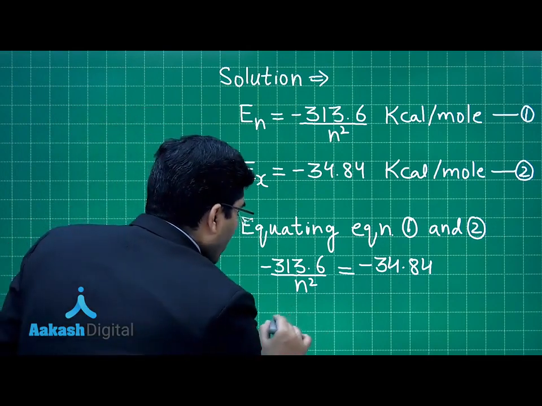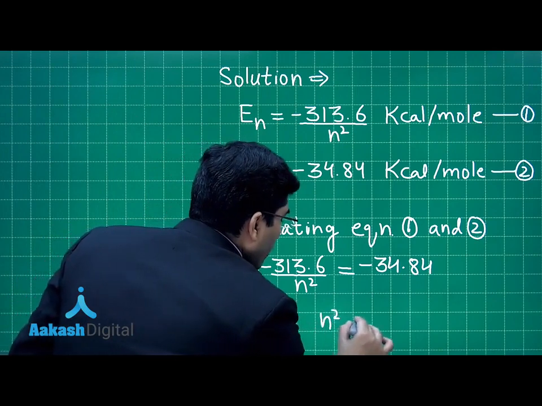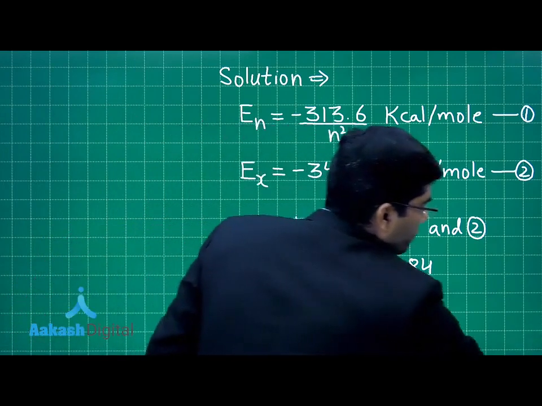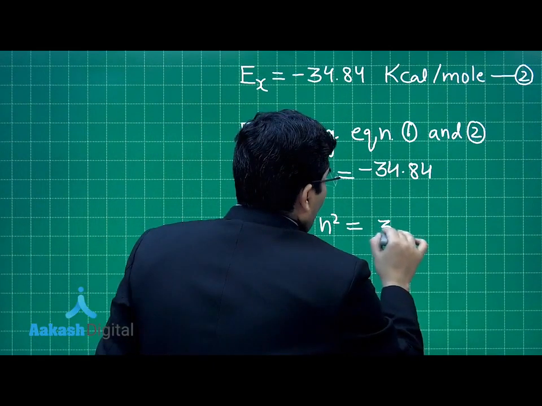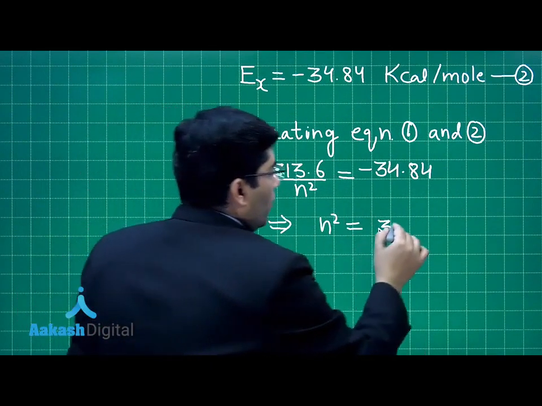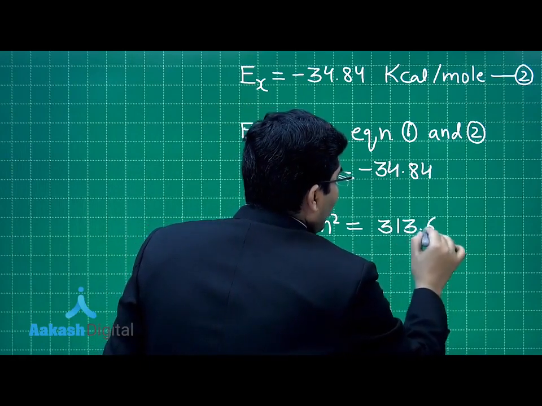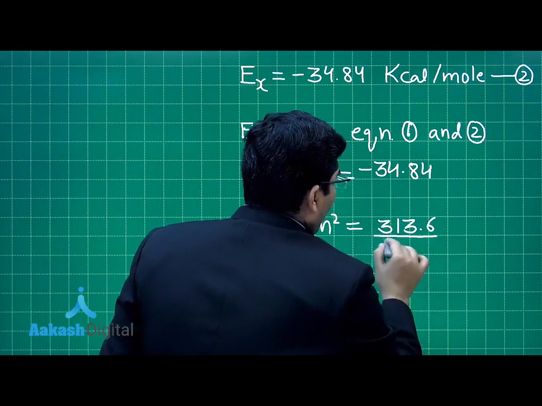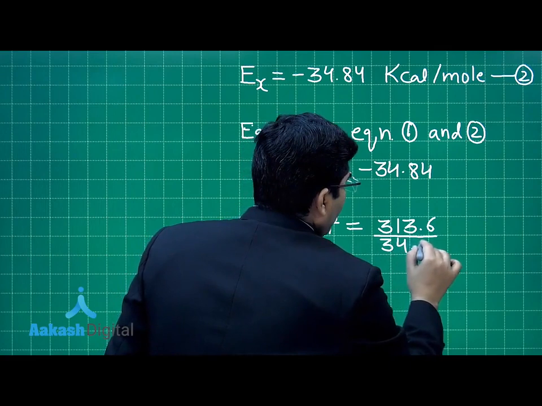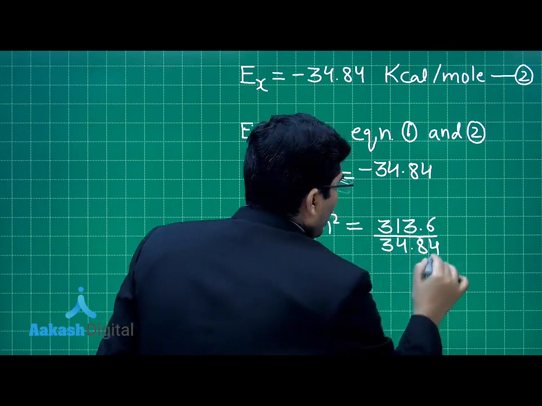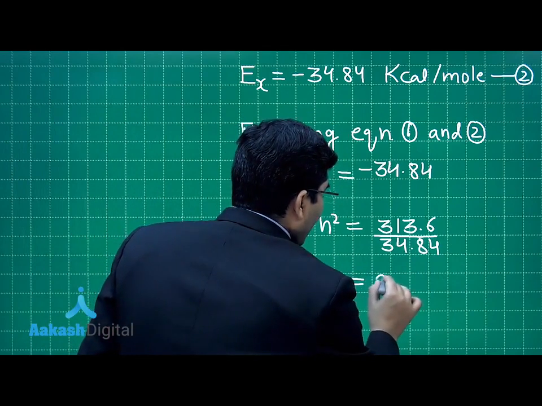Now if we solve it further, then n square will be equal to, minus minus will get cancelled out, 313.6 whole divided by 34.84. If we divide it further, we will get 9.